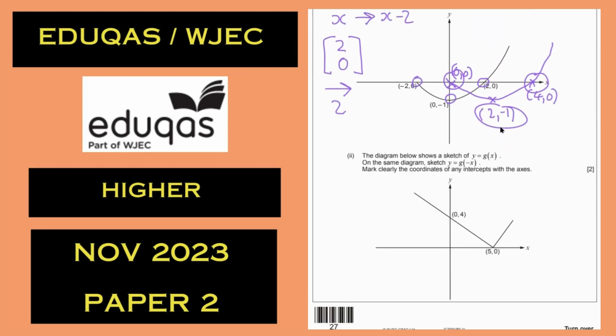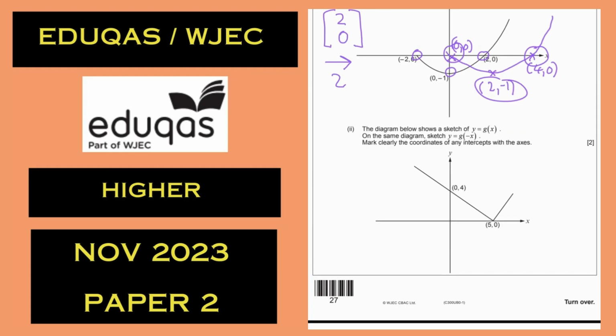Part double I, what's going on here? We have taken the x and it has been multiplied by minus 1. Whenever you've got a negative multiplication, whether it's the x-coordinate or the whole equation, you have a reflection. But is this a reflection in the y-axis or the x-axis? Well, let's have a think about this line.